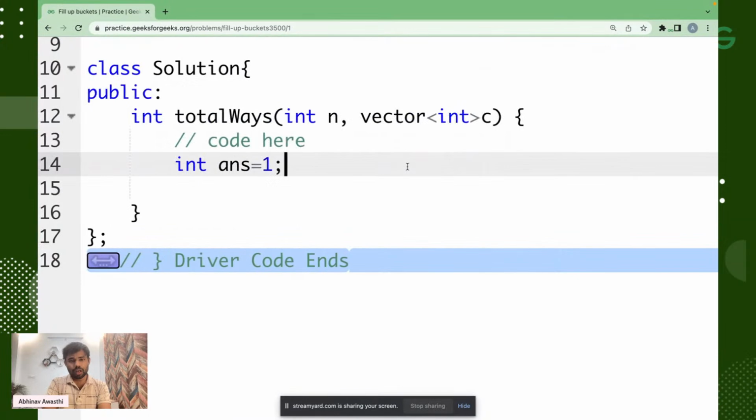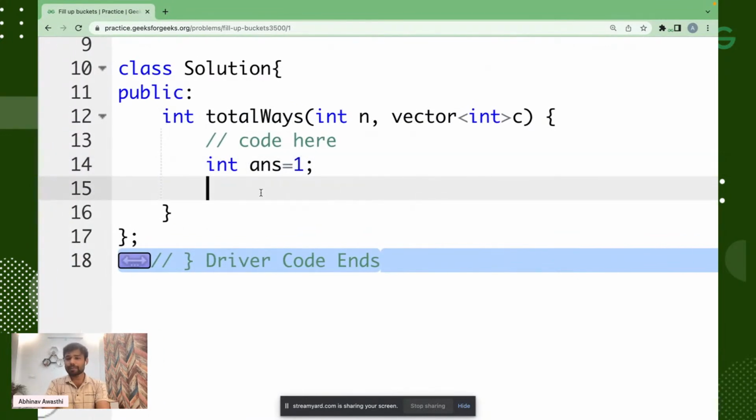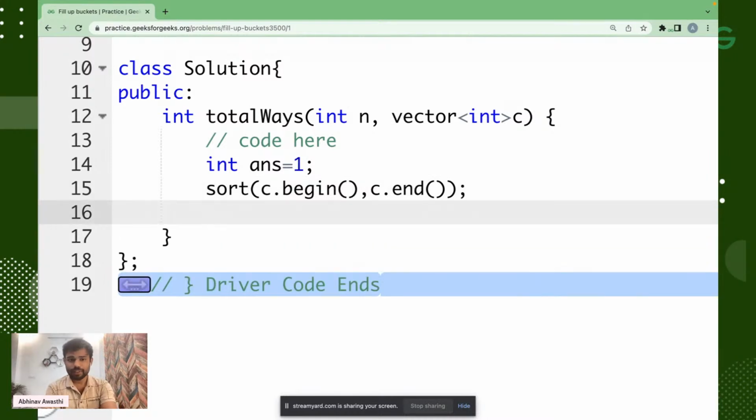Okay. After this, guys, we will just simply sort the given vector. So a simple technique will be used to sort the given vector. Is it fine?